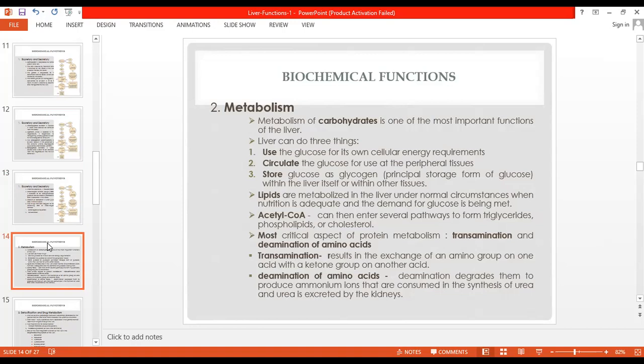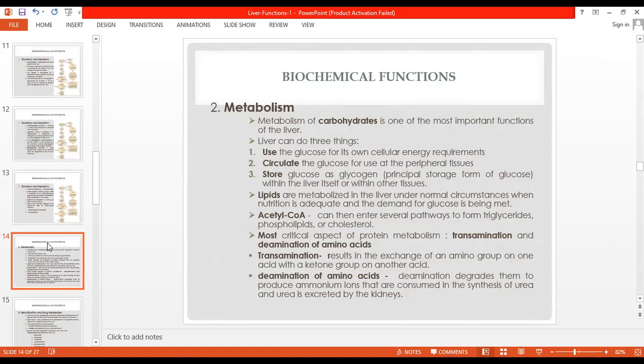When carbohydrates are ingested and absorbed, the liver can do three things. We have the use of glucose for its own cellular energy requirements, circulate the glucose for use at the peripheral tissues, or store glucose as glycogen, the principal storage form of glucose within the liver itself or within other tissues.